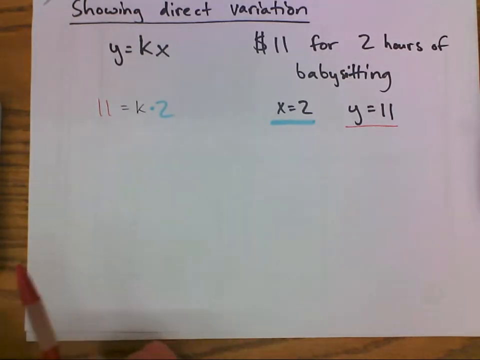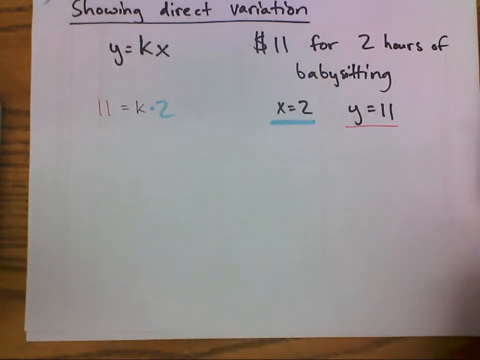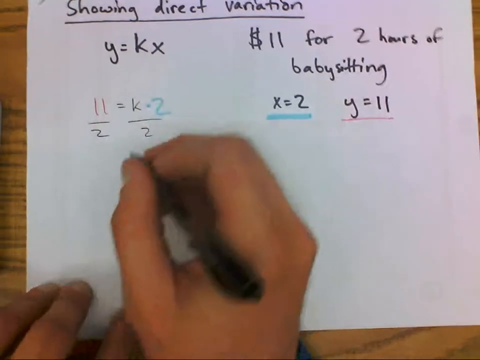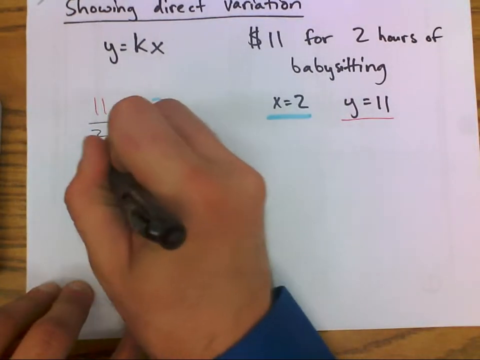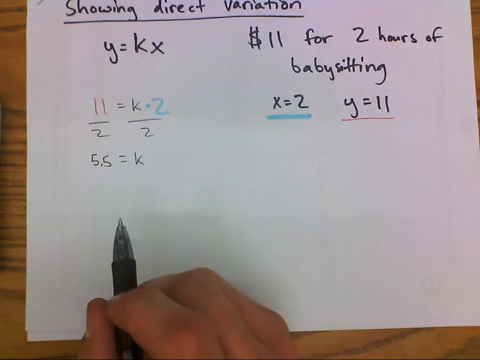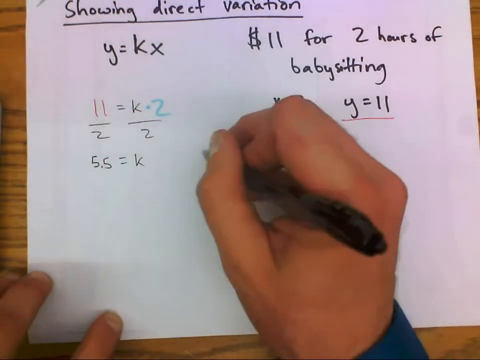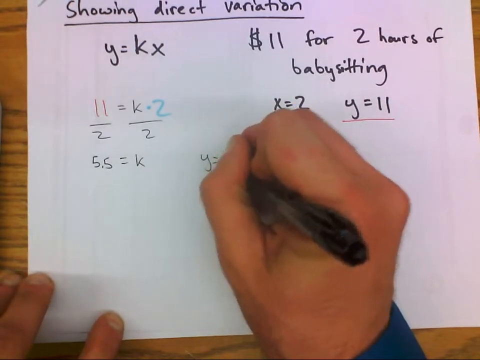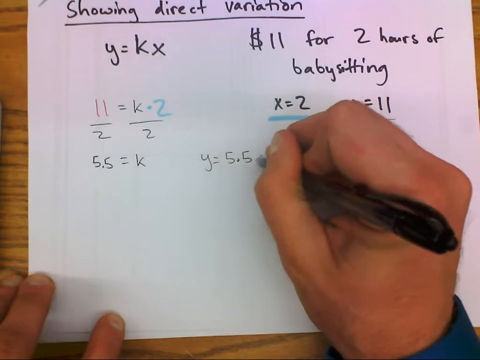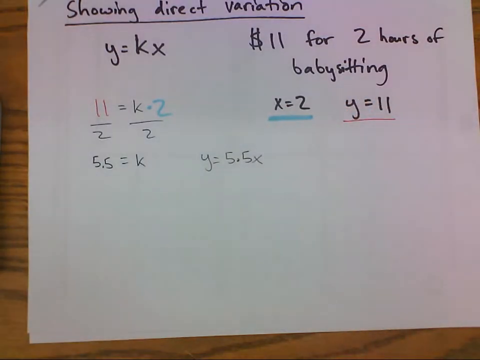I want to know what k is. It seems like pretty simple math to me. I'm going to divide both sides by 2 and get that k is equal to 5.5. So my direct variation function is going to be y is equal to 5.5x.